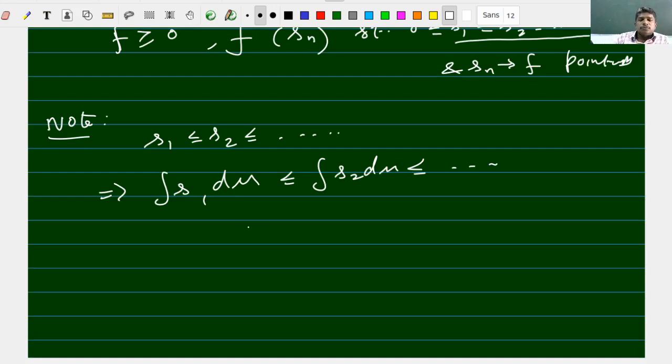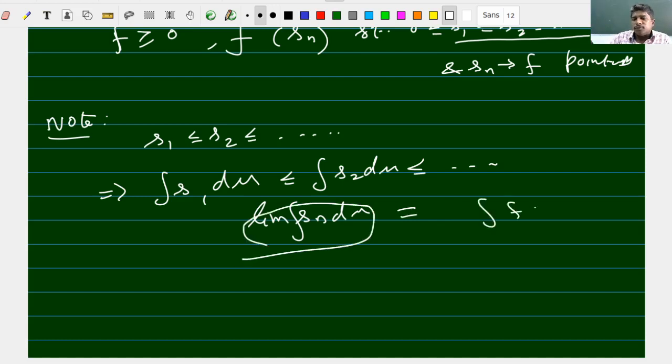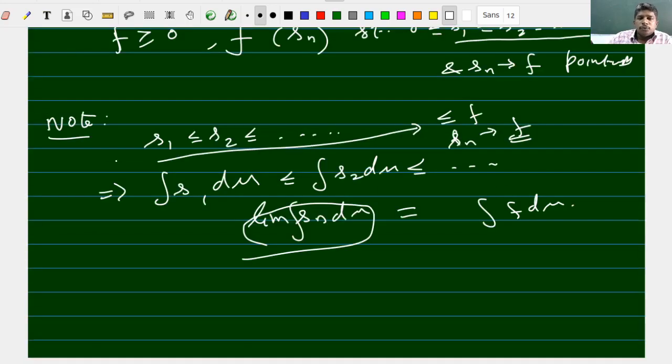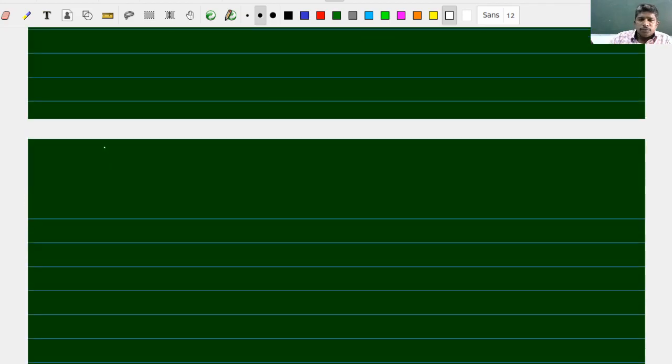So the limit of the integral of S_n d mu is going to be our integral of f. This number will be our integral of f. If I take an increasing sequence, everything bounded by f, with S_n converging to f, then it is the supremum over all simple functions less than or equal to f.